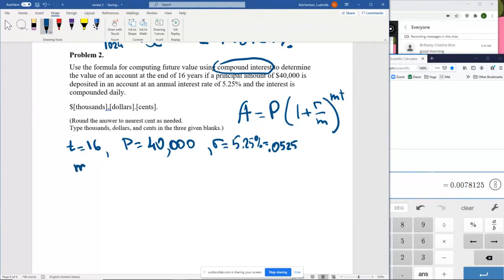We usually have 365, so use 365 here. In this problem you will give your answer in 3 separate blanks: thousands, hundreds and cents. So if you round it incorrectly, you should still get the thousands correct, maybe.